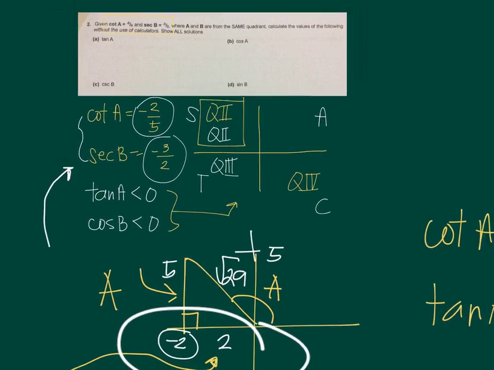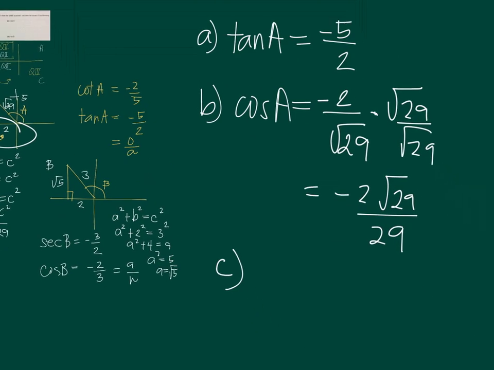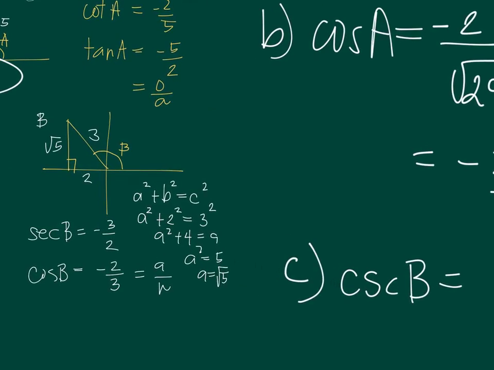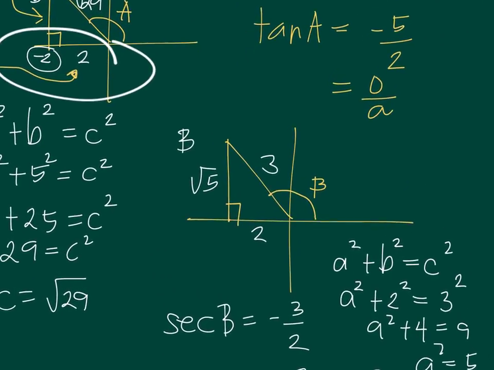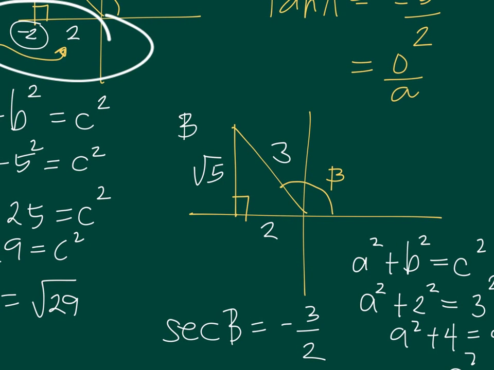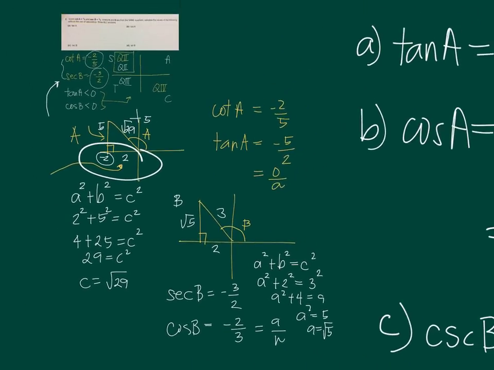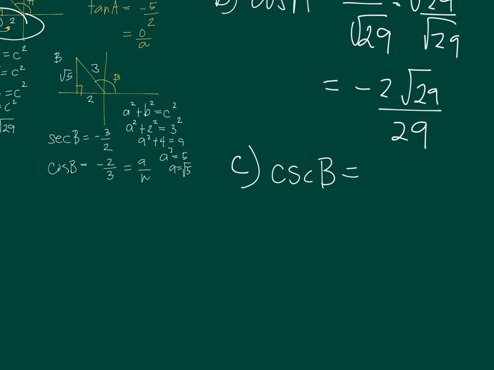We wish to find cosecant B, and later on the sine B. So if we want to find the cosecant of B, we go to the triangle that we created for angle B. Cosecant is the reciprocal of sine, so might as well find the sine first because that's letter D. So sine B, because cosecant B just depends on sine B. So sine B is opposite over the hypotenuse.